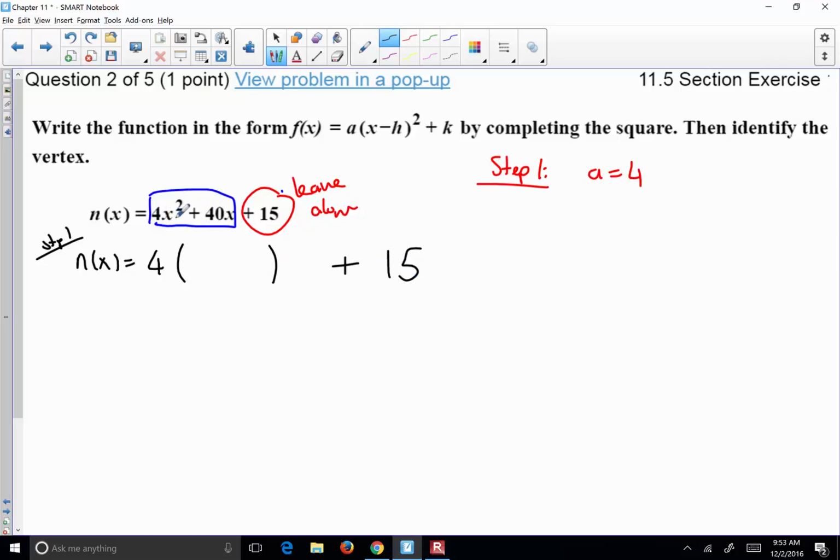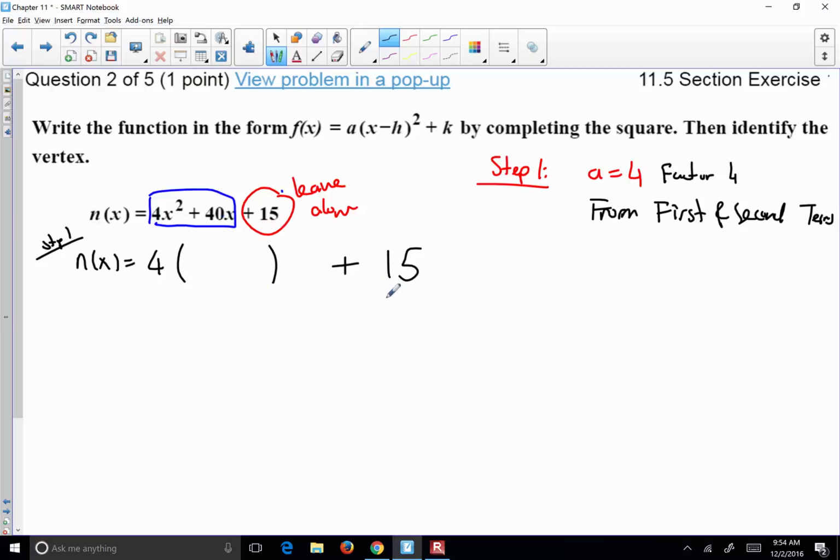You're gonna factor 4 from the first and second terms only. That's it. Extremely important, because I see people factoring 4 from everyone, all 3.